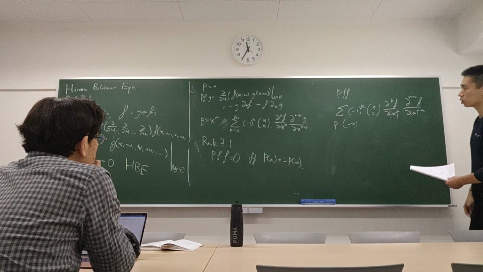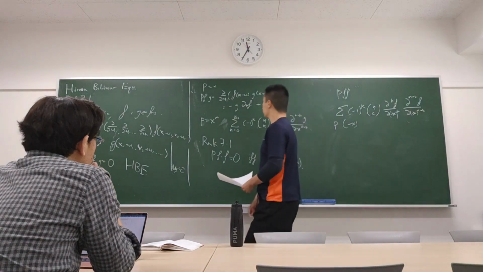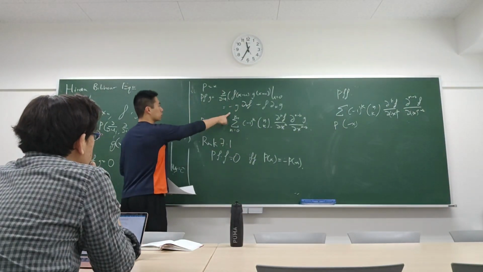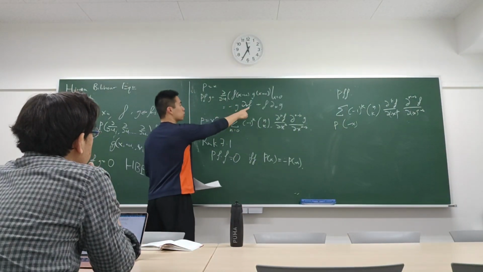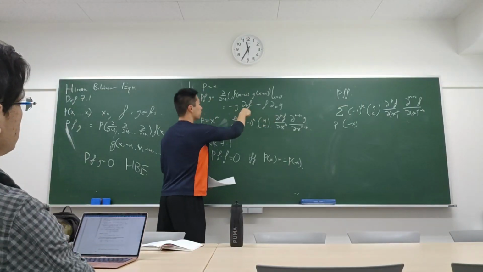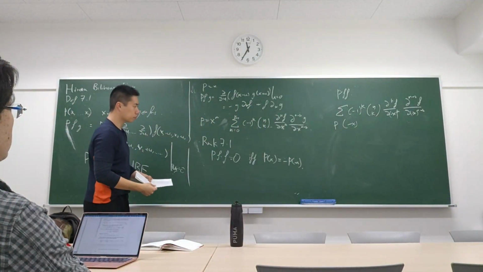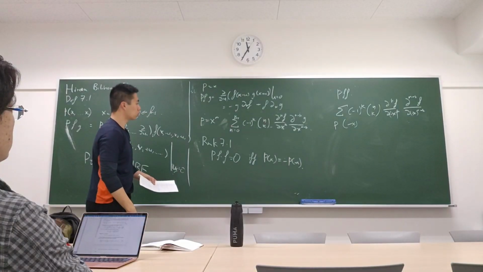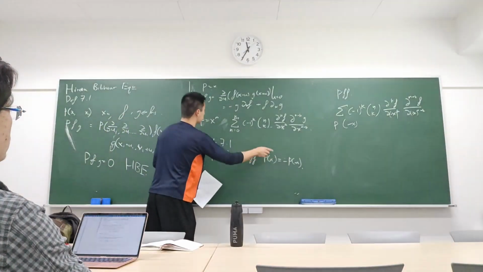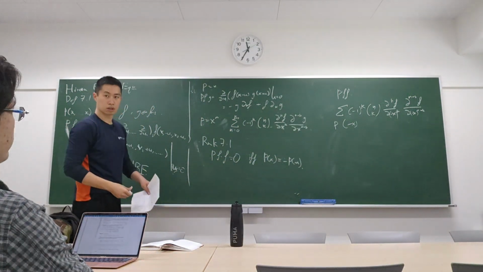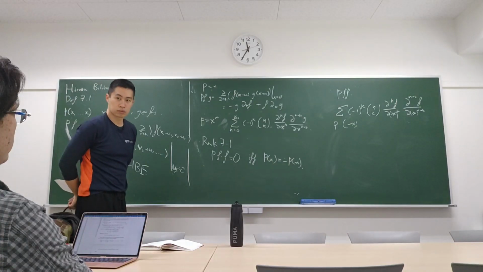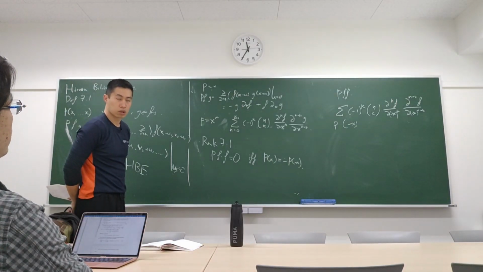Why is it? The simplest case. Yeah, this is f. This will be 0. And if you have 1 minus x, then you get minus. It's the same thing. So the if part is probably okay, but only if part is unclear.